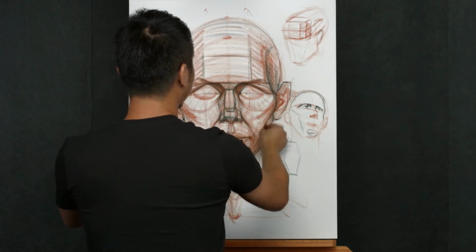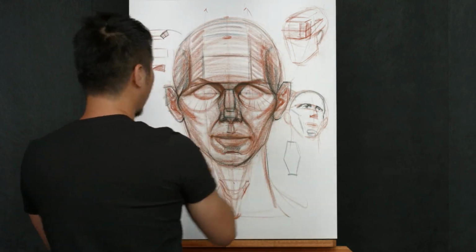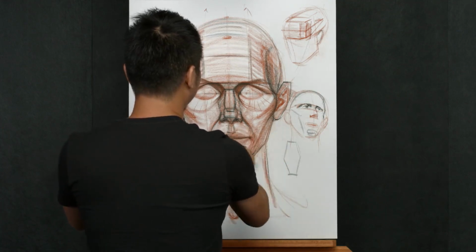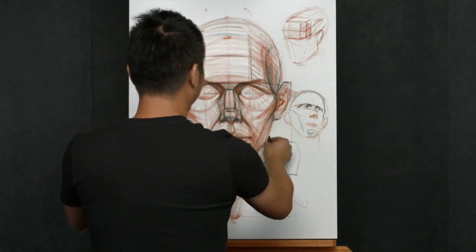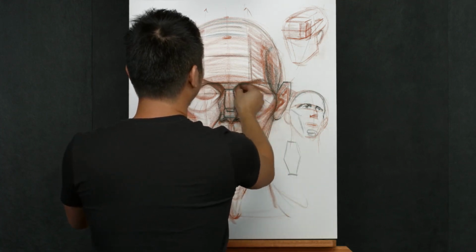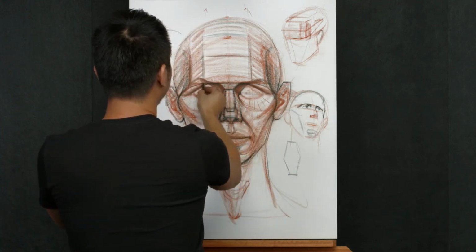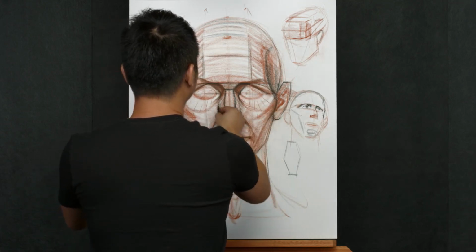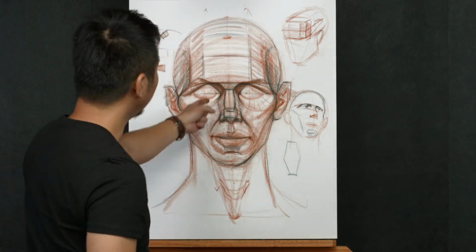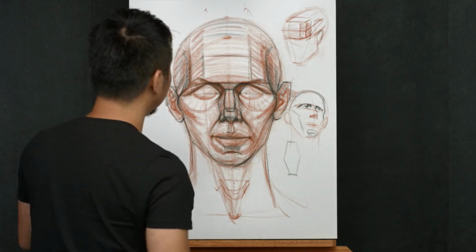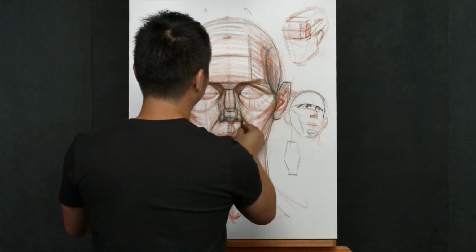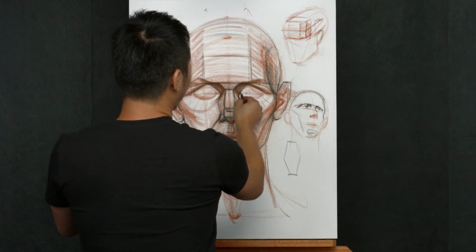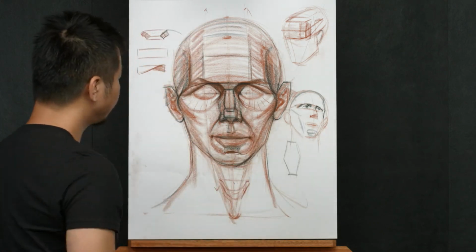Okay. So we can start seeing this head develop. You're probably waiting for me to do something with those eyeballs. But at least what I can show you is now I know where my eyeball is. All I need to do is basically draw my eyelid over. Again, here's my wing of nose that can align to my tear duct.